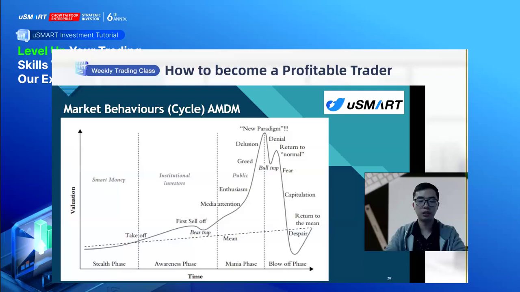So this is the picture of how a stock normally moves in a big cycle. Let's say this is potentially NVIDIA. So when NVIDIA is very cheap, usually not many people will notice this stock.